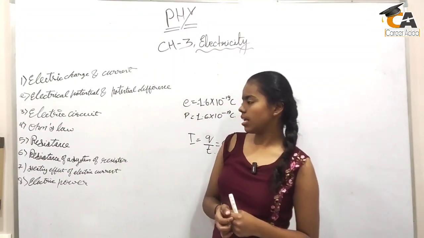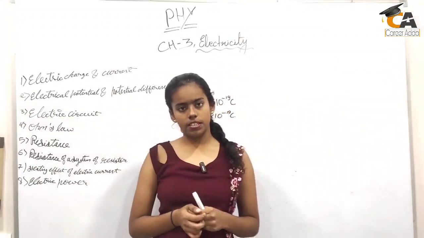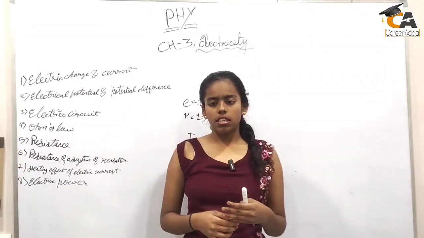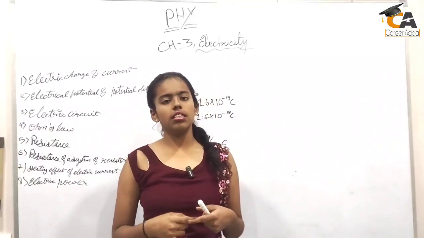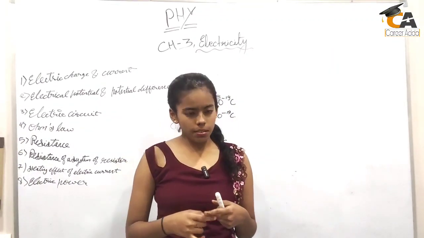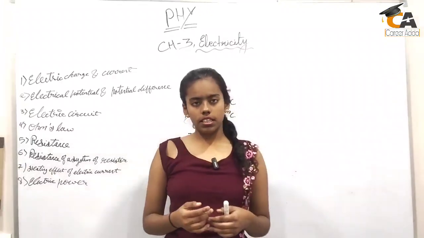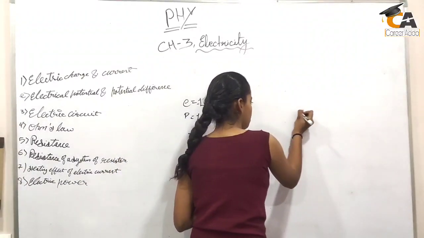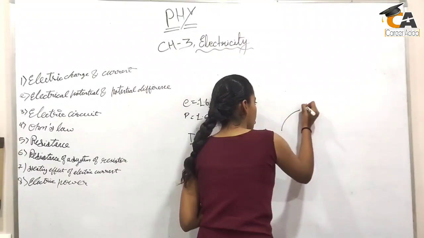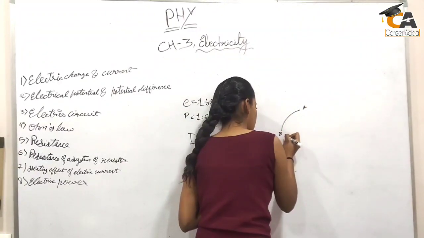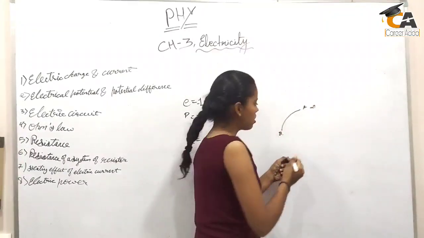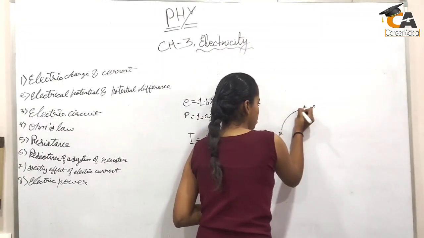And my next topic is electric potential and potential difference. Electric potential is the rate of work done by charge to move from one place to another. Like here, a charge is present.